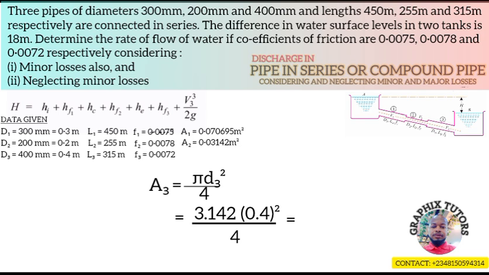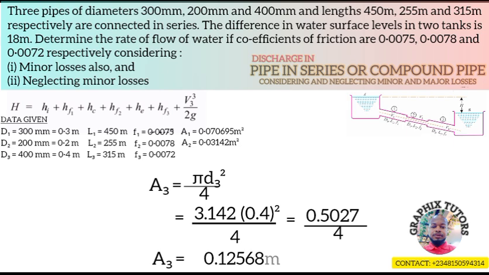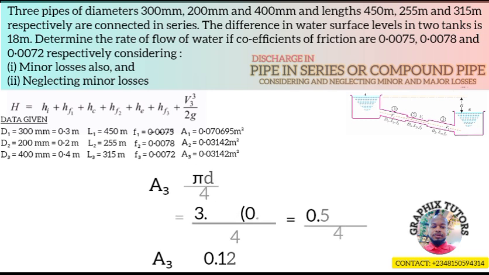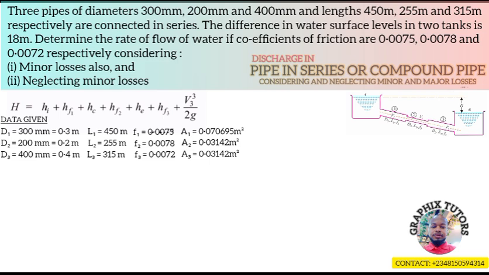So my A3, when you multiply 3.142 times 0.4 squared, you'll have 0.5027 divided by 4. So the area at section 3, or the area at pipe 3, will be equal to 0.12568. So I'm going to put it here. So these are all the parameters that we are going to be working with, right?